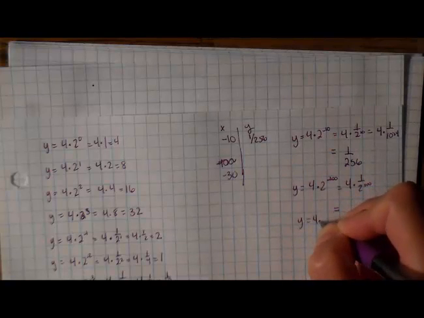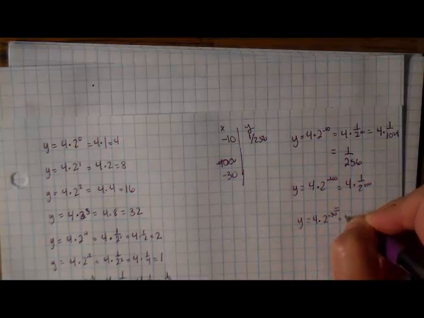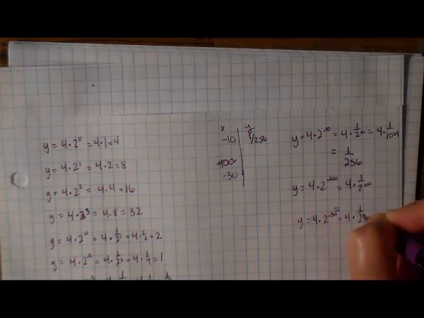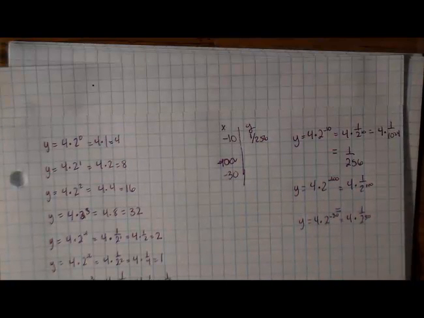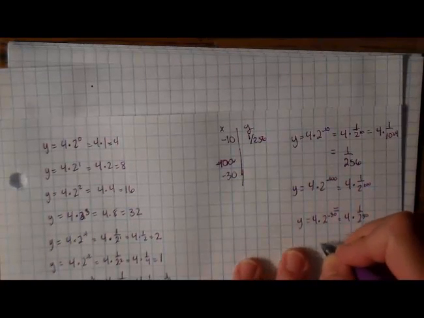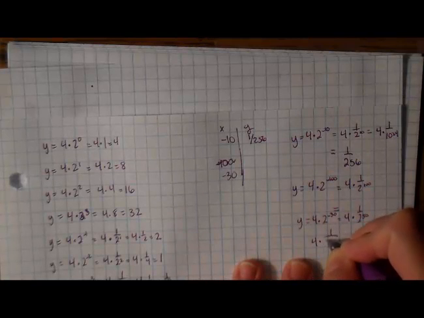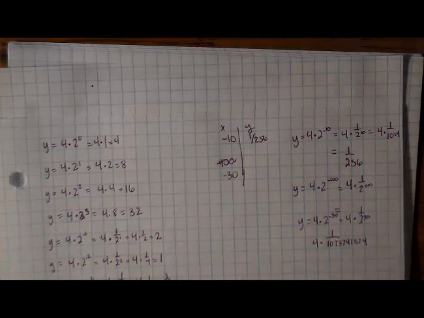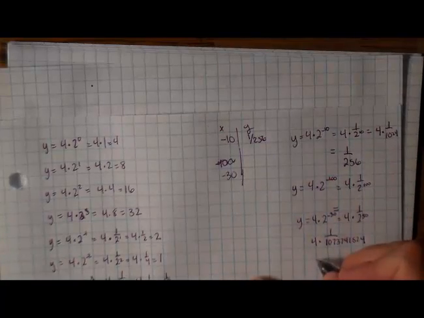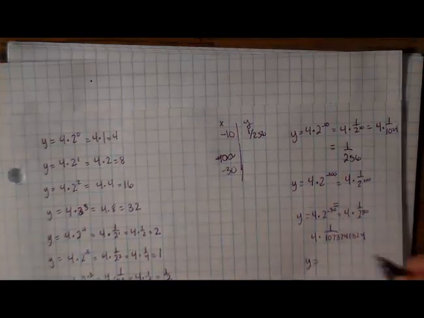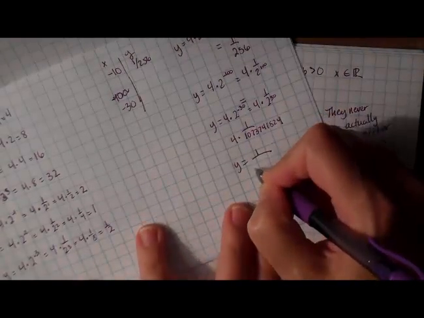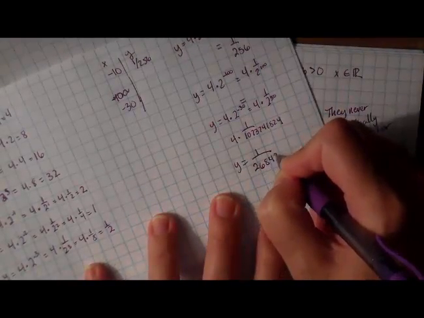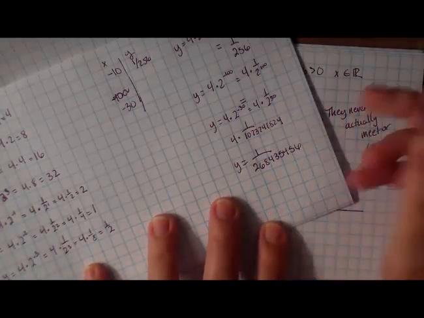So y is equal to 4 times 2 to the negative 30. So 4 times 1 over 2 to the 30th. And 2 to the 30th is 1,073,741,824. So that would give me the answer of y is equal to 1 over 268,435,456.